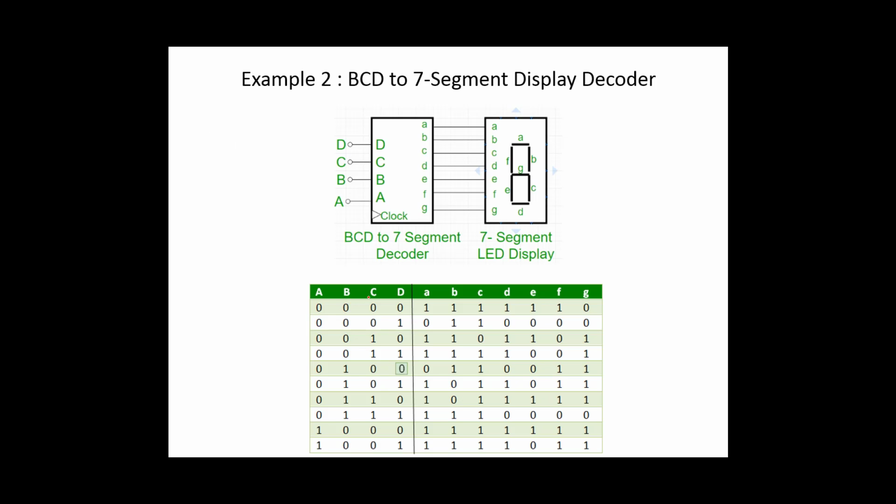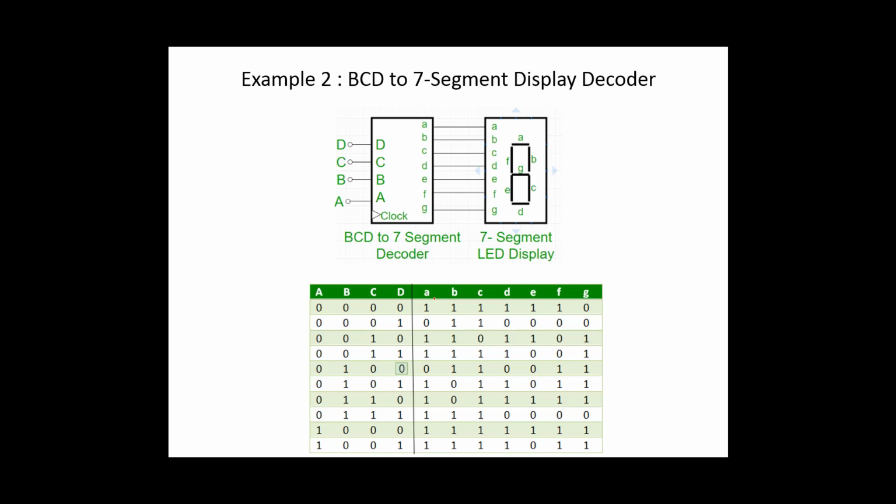And this is the truth table of the BCD to 7 segment decoder. We have 4 inputs A, B, C, D, and together we have 10 combinations, because we want to display numbers from 0 to 9, so 0 0 0 0 up to 1 0 0 1. These are the input binary patterns that are compatible with the 7 segment display.